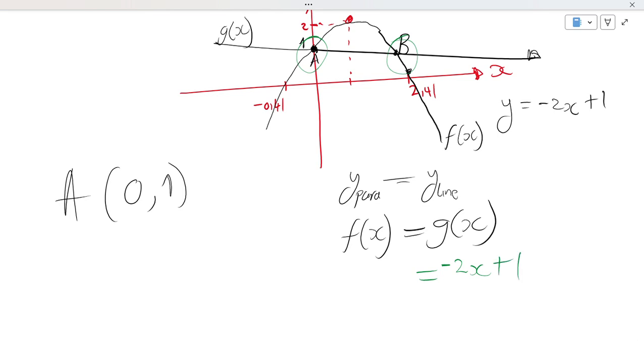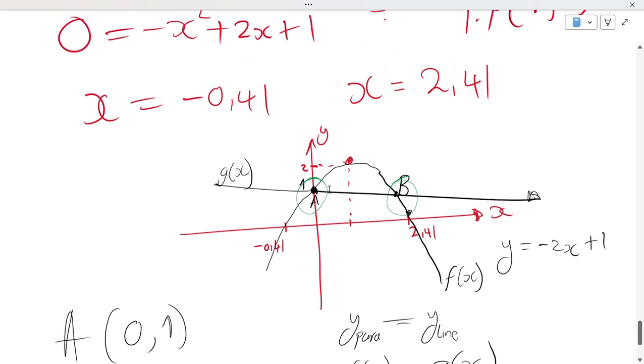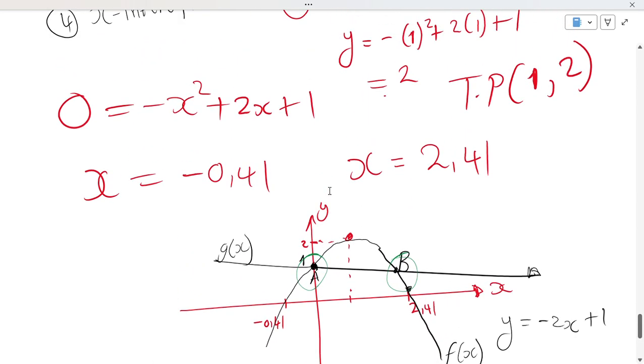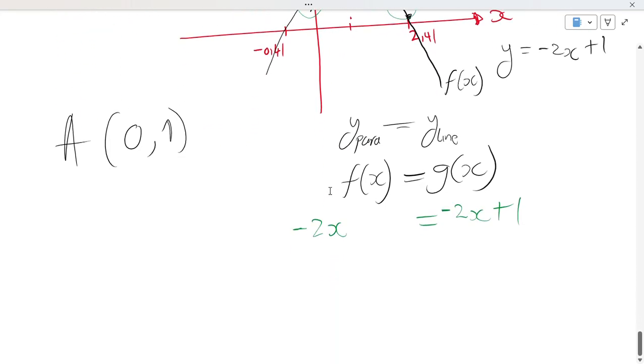And the equation for the parabola is negative x squared plus 2x plus 1.